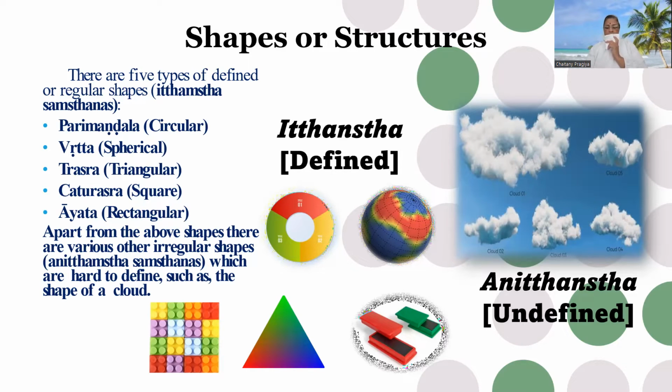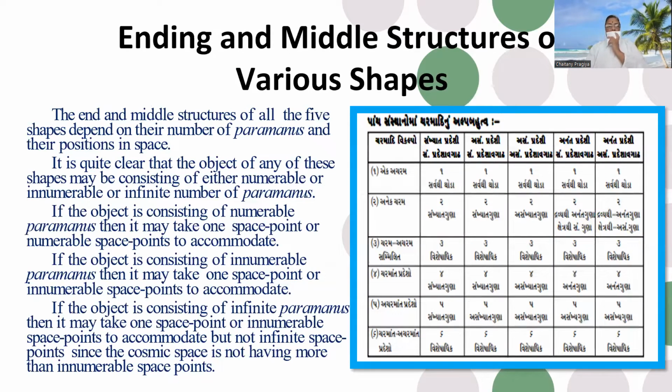So these kinds of discussions have also been covered, that objects have different shapes, and they also have middle and ending parts in that particular structure. Now here it is shown that in the structure, we find these 5 types of structures which we have discussed as the defined shapes.